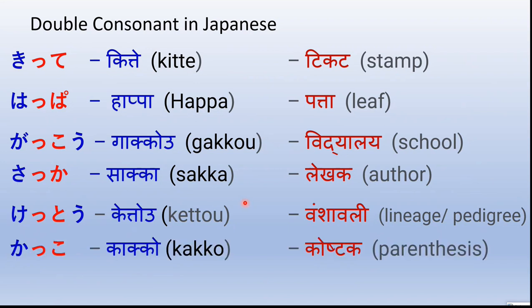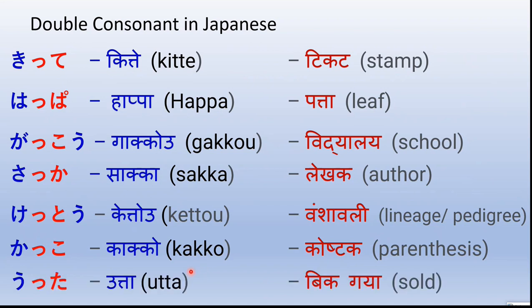Then we have kakko. Kakko is nothing but parenthesis, something that is written in brackets. In front of ko, we have the tsu to give the sound kakko. We have the last one, utta. Utta means sold, the past tense of sell. Something that is sold is utta.